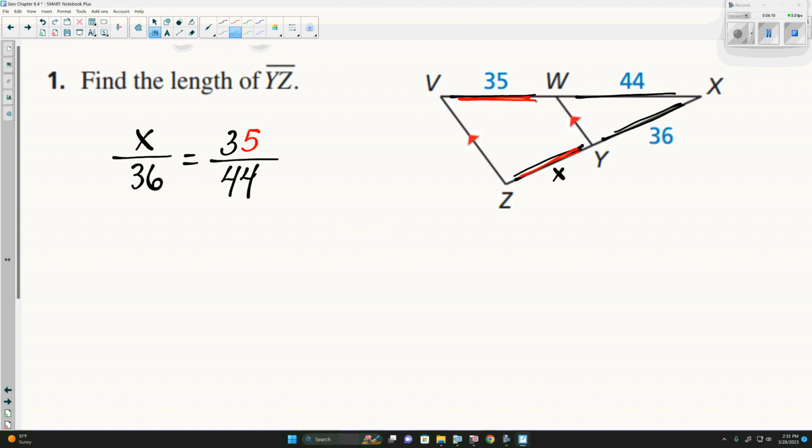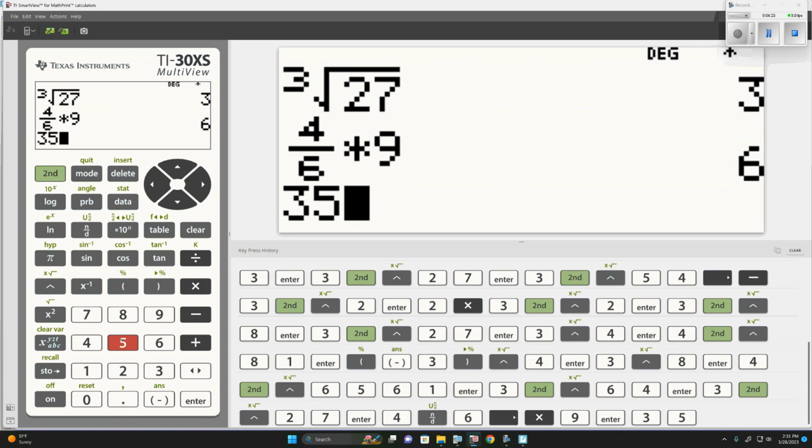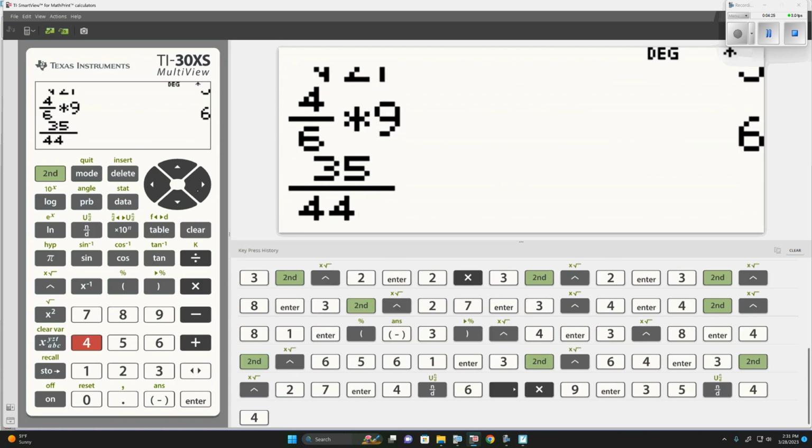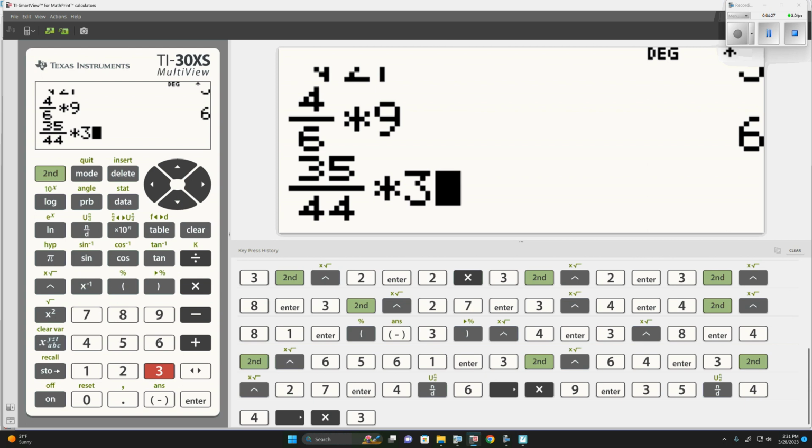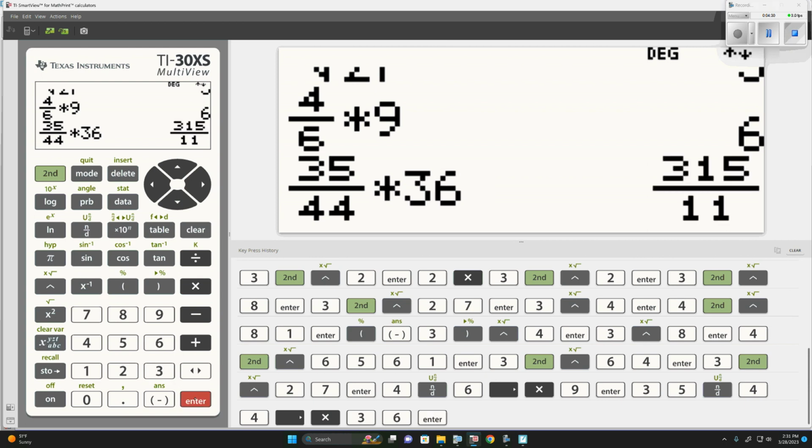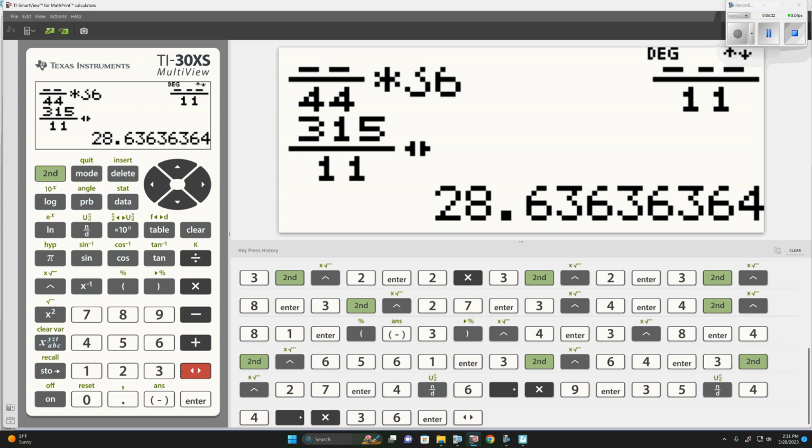Now at this point, we would multiply both sides by 36. These would cancel, giving us X by itself. 35 over 44 being multiplied by 36 is 28.64.